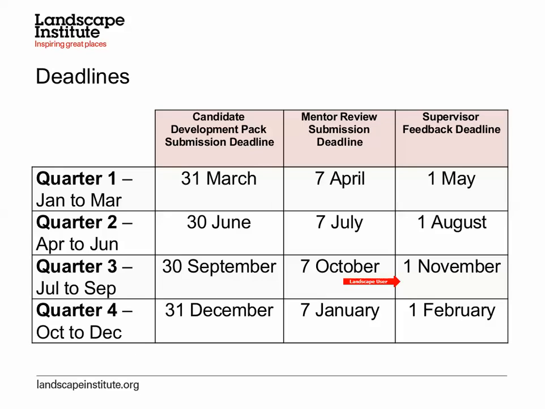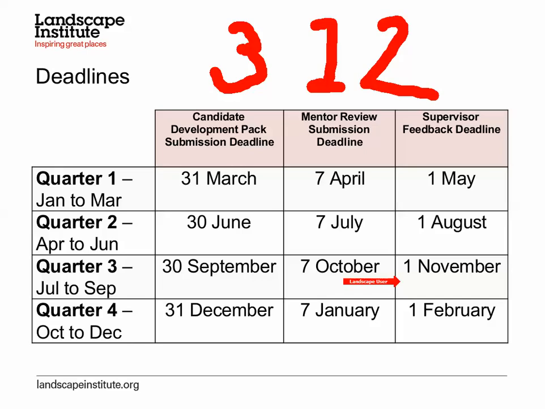Now, we ask everybody to stick strictly to deadlines, and there's no submitting after deadlines unless there's grounds for an extension. So altogether, there are 3 grounds for extension. The first being that there has been a bereavement, some tragedy that affects all of us sometimes. The second being that there has been a serious illness.